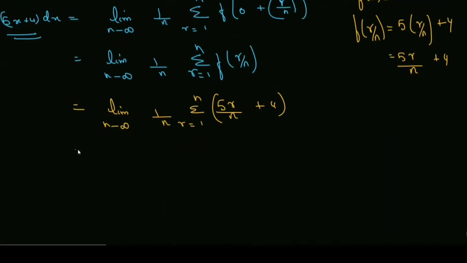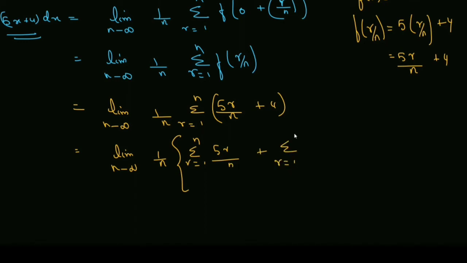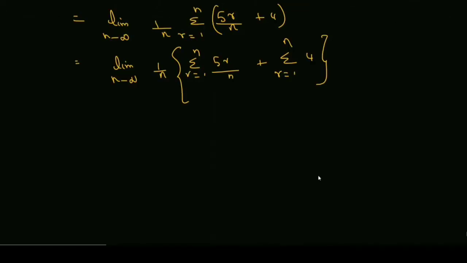So that is equal to the limit as n tends to infinity of 1 by n, sigma r from 1 to n, 5r by n, put a bracket here, sigma is for both, plus sigma r from 1 to n of 4.